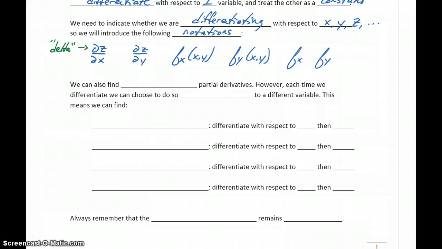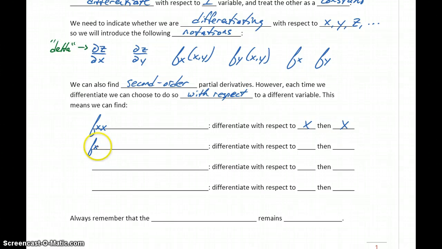So if we can find first derivatives, we can also find second order derivatives. So to find second order partial derivatives, we're going to be differentiating twice. So each time we differentiate, we'll have to indicate with respect to which variable we're differentiating. So this means that we can find f sub xx, which means we first differentiate with respect to x, and then the second derivative differentiate with respect to x again.